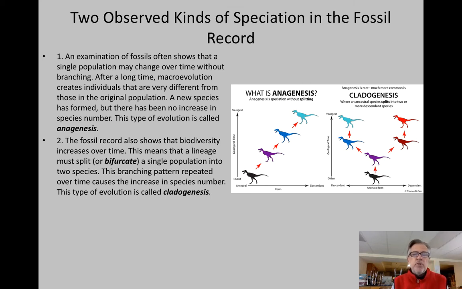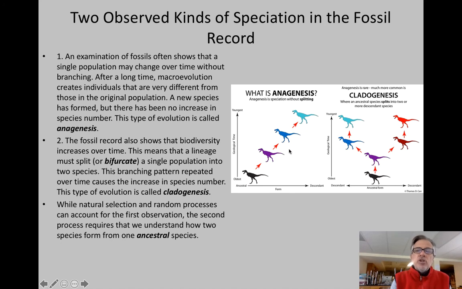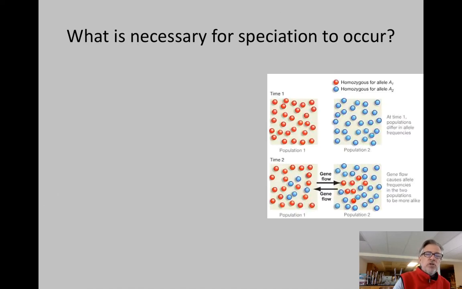And this type of evolution is called cladogenesis. Natural selection and random processes account for anagenesis very nicely. We have the whole microevolution, macroevolution model that we've already set out. But can it account for cladogenesis? And for that, we need to understand how two species are formed from a single ancestral species.